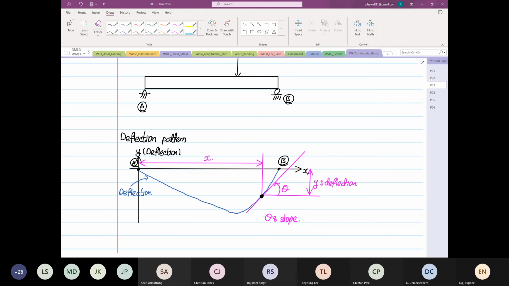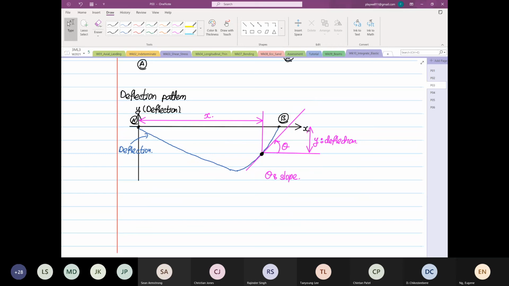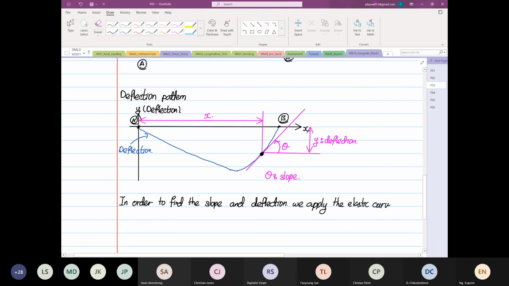So in order to find the slope and deflection, we apply the elastic curve method.